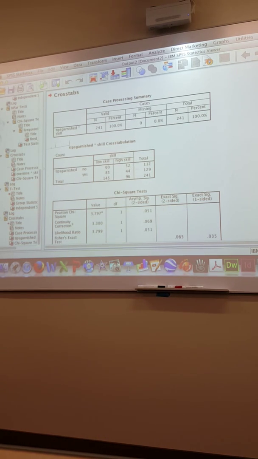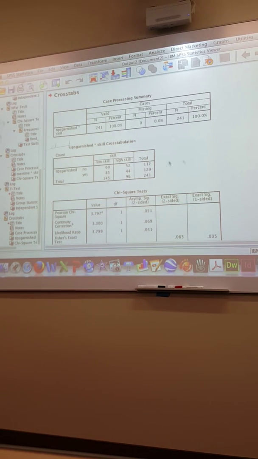Is one group of workers more likely to have their tips taken than the other group? No, right? But take a look at the p-value. What's the p-value? 0.051. Is that less than 0.05? No, it's just slightly greater than. So they are different from each other, they're just not significantly different. They're not at the level that passes statistical muster, right? So you would say, no, there's no difference.